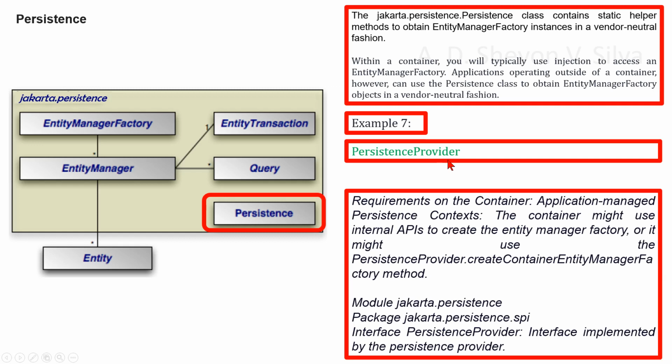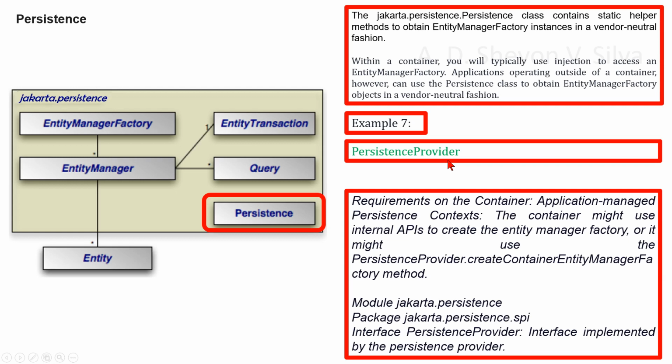The container might use internal APIs to create the entity manager factory, or it might use the PersistenceProvider.createContainerEntityManagerFactory method. The interface PersistenceProvider, in package jakarta.persistence.spi in module jakarta.persistence, is implemented by the persistence provider. When application-managed persistence contexts are used, the container must instantiate the entity manager factory and expose it to the application via JNDI.